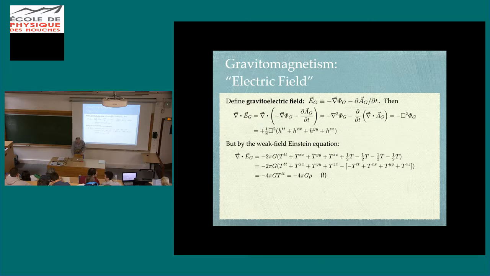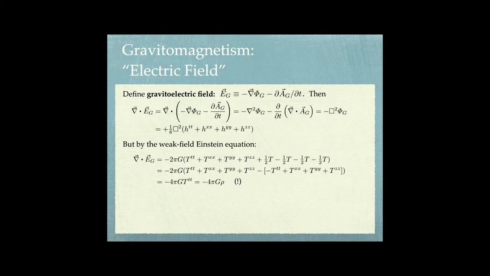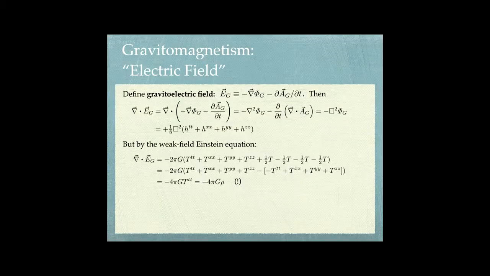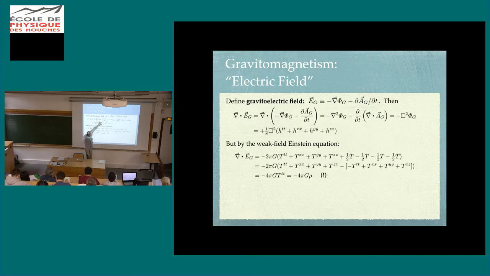All right, but anyway. So now I'm going to define a gravitoelectric field the same way that I would in electricity and magnetism. I'm just going to define that thing. And then I'm going to say, well, gee, what's the divergence of that thing? So I plug in and take the divergence.